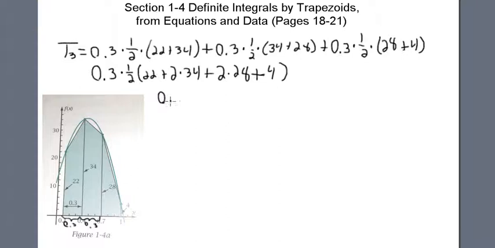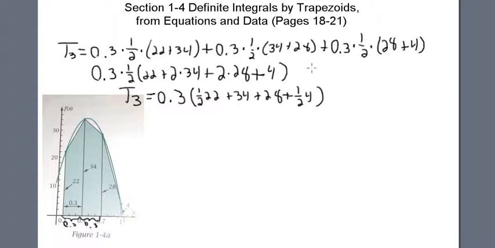So we have 0.3, and then in parentheses, 1/2 of 22 plus 34 plus 28 plus 1/2 of 4. And this is going to be our integral.